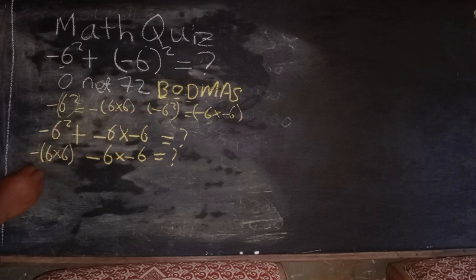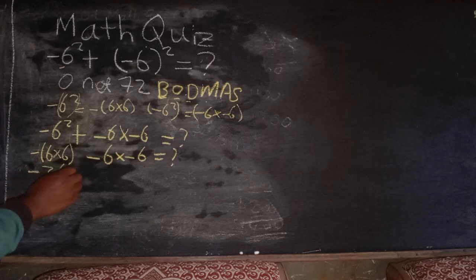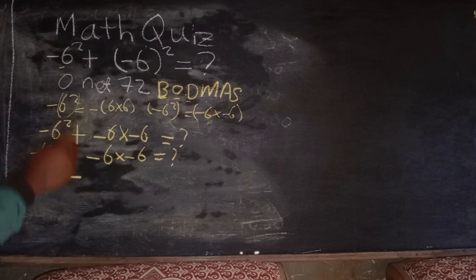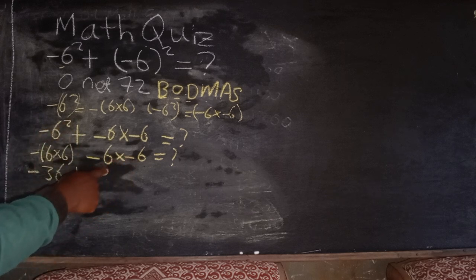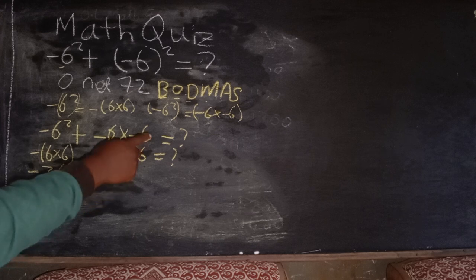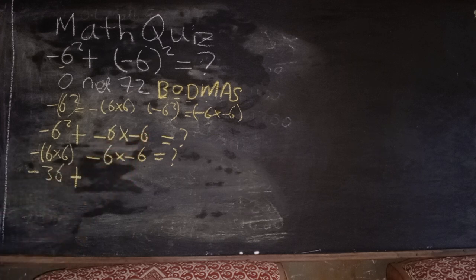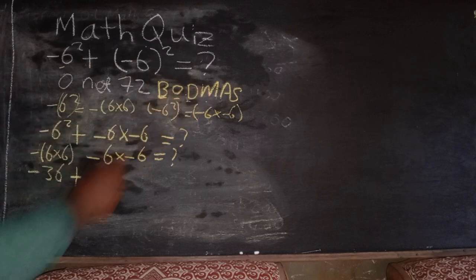So this answer here will be negative 6 times 6, 36. After division we have multiplication, before addition and subtraction.